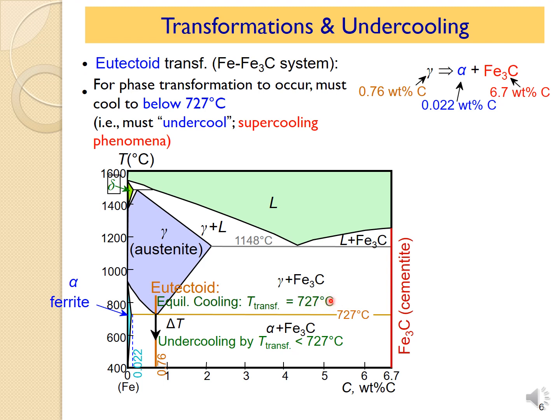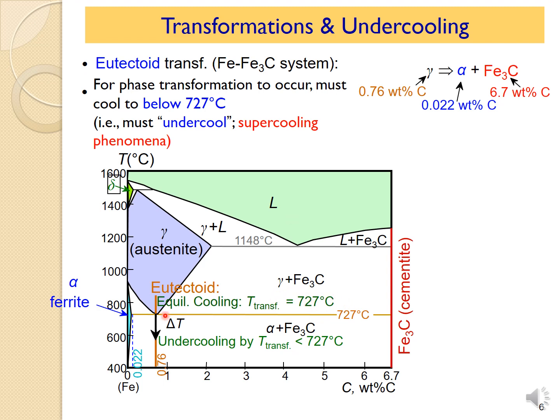But again, in most of the cases, this slow cooling rate is impractical. So the transformation actually takes place at a temperature below 727 degrees Celsius. Typically, the reaction is displaced 10 to 20 degrees Celsius below the equilibrium transformation temperature.